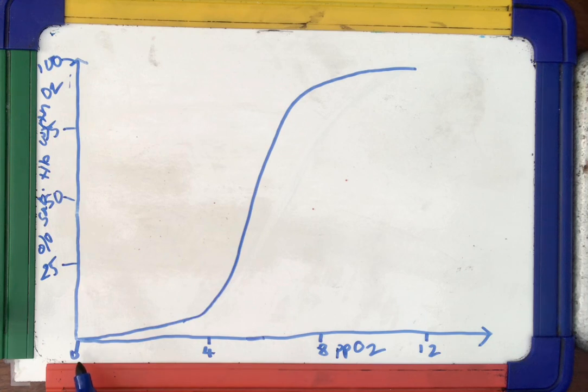It shows that at low partial pressures of oxygen down here, we've got a very low percentage saturation of hemoglobin with oxygen. So where there's not a high oxygen concentration, then the hemoglobin's not got much oxygen attached to it.